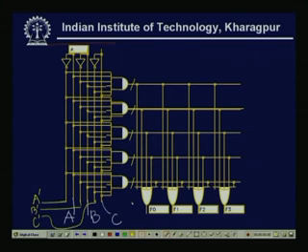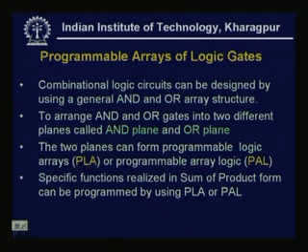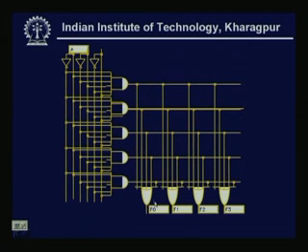And there are 4 outputs, W, X, Y, Z. The first one is A plus B dash C dash.